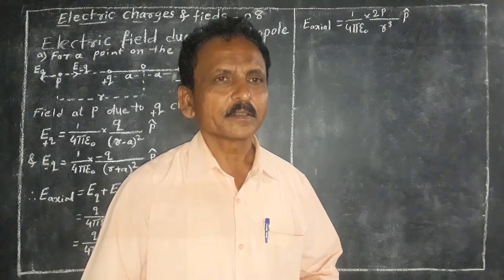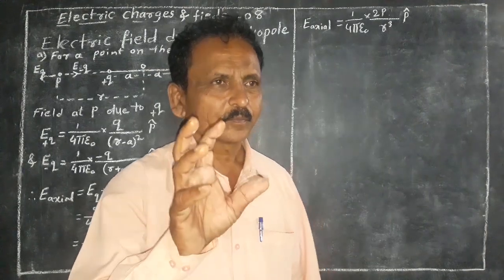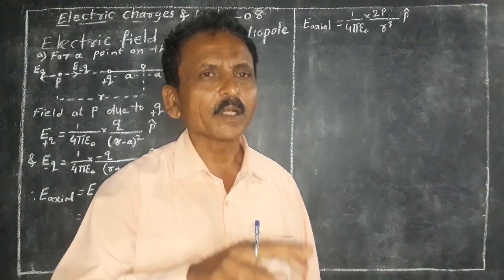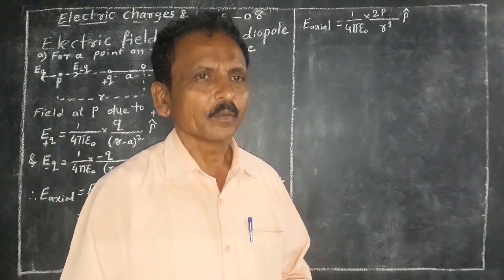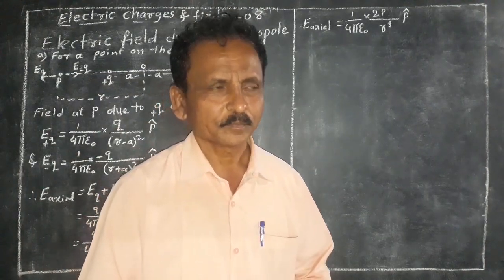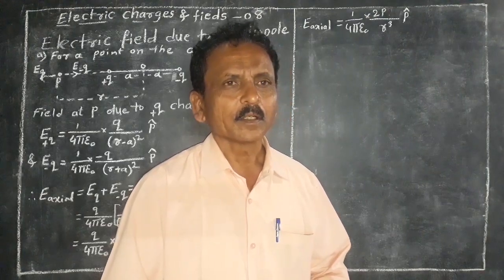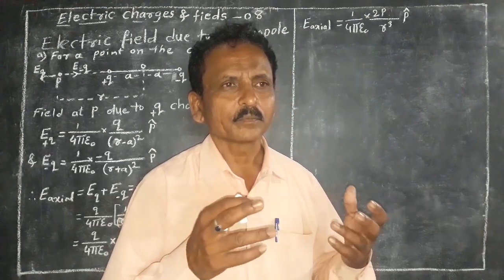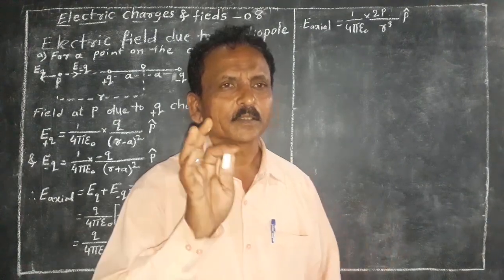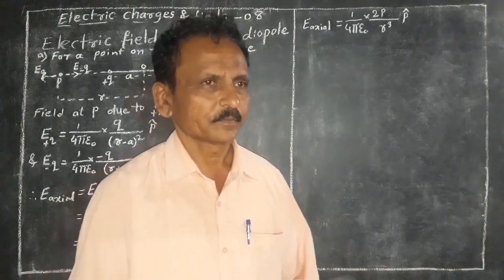They are crowded near the charges and well spaced away from the charges. The tangent drawn at any point on an electric field line gives the direction of the electric field.